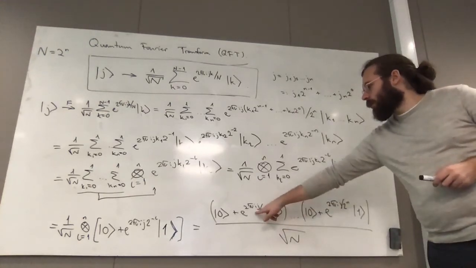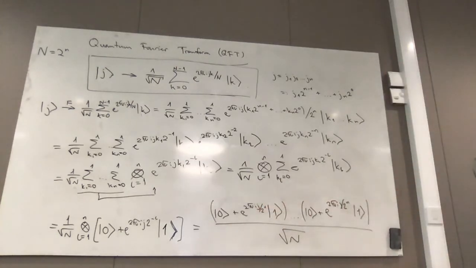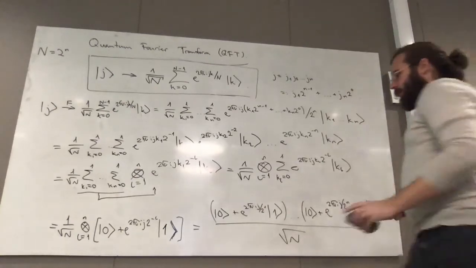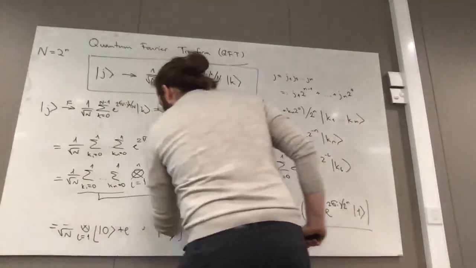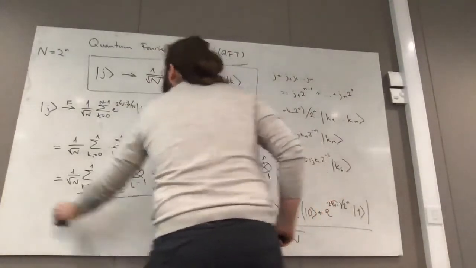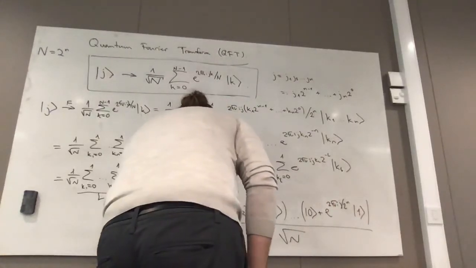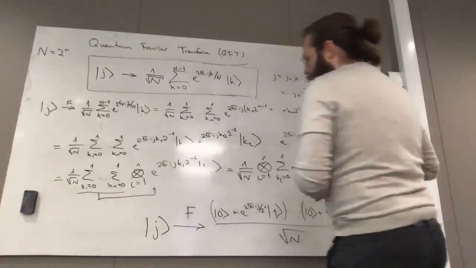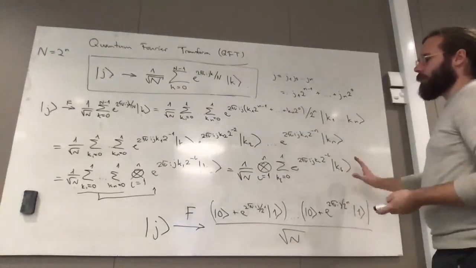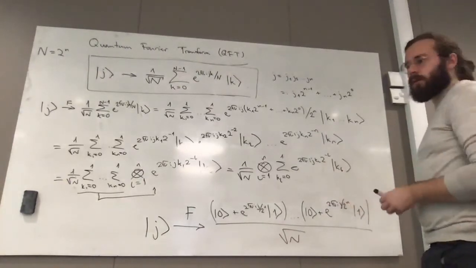But yes, you could, in principle, just input j here and get the correct answer straight out. So I'll keep this part and wipe the rest. And then say that the Fourier transform of j becomes this. And since it's equivalent, the book makes a case that this could actually be taken to be the definition of the Fourier transform.